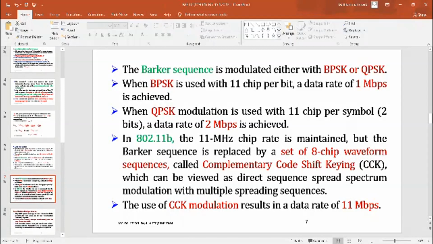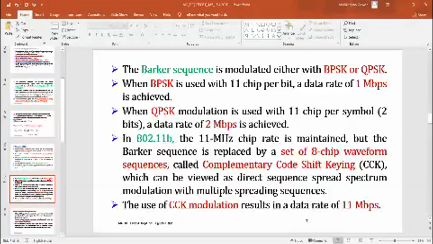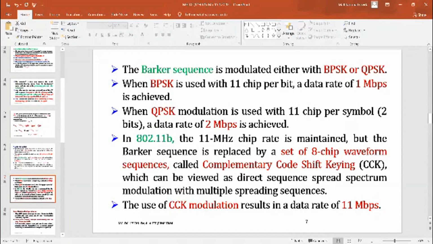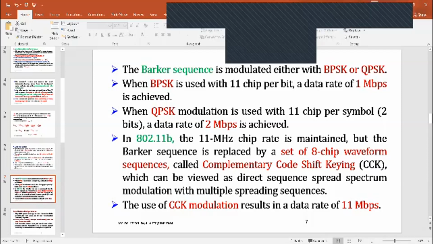So that is the difference. In 802.11b, we use an 8 chip waveform sequence known as CCK, complementary code shift keying, which can be treated as a direct sequence spectrum modulation with multiple spreading sequences. With that, it is possible to achieve a data rate of 11 Mbps.